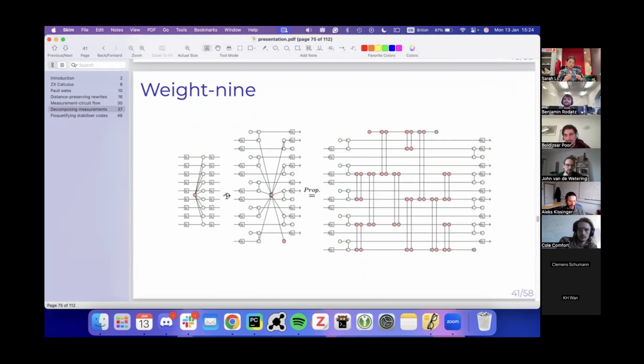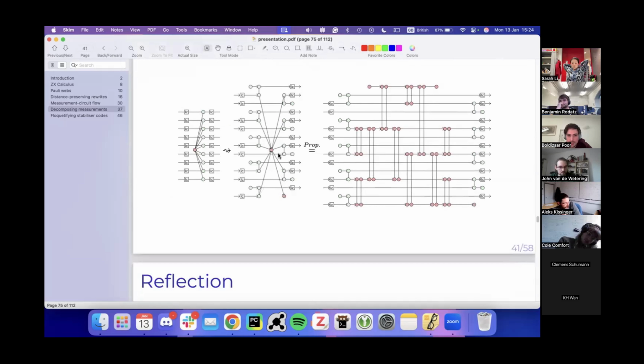I would say not entirely. Here the repetition is because of the decomposition of the four-legged spider, which needs this repetition because otherwise a measurement error is not detected.